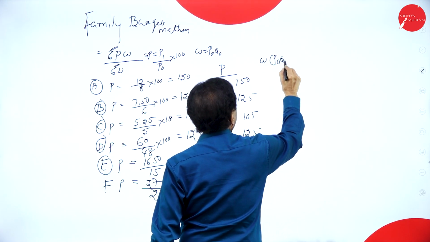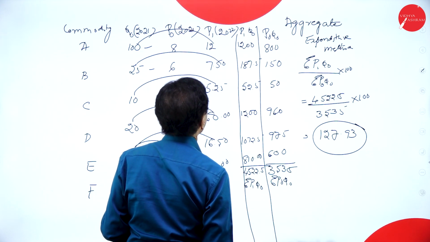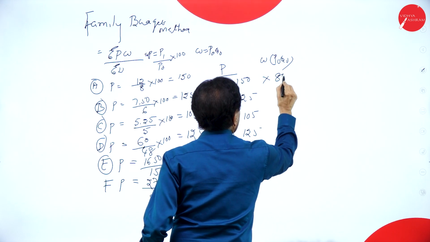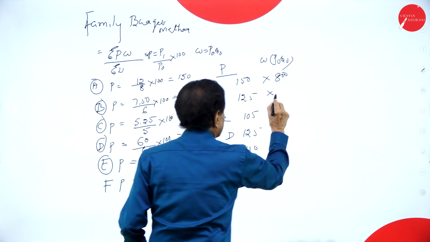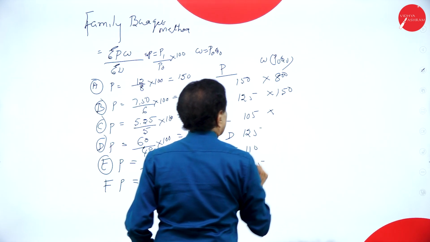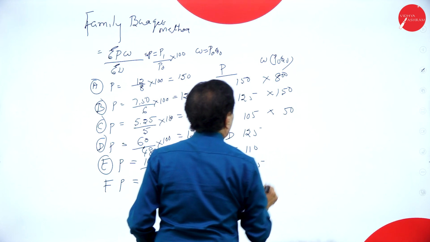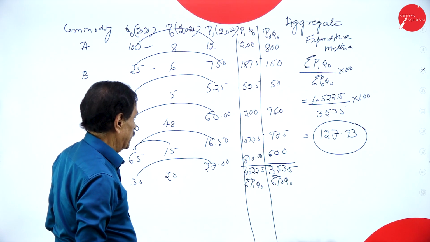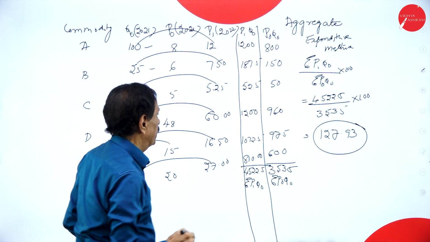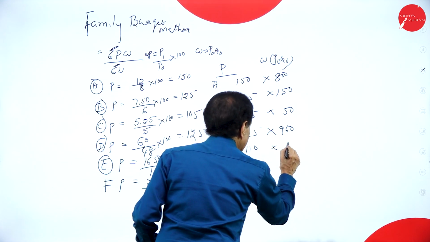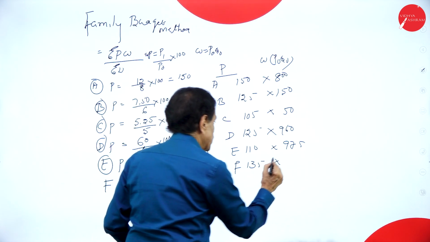W is P naught Q naught, already done. What is P naught Q naught? Come back here. 800, second one 150, third one 50, fourth one 960, fifth one 975, last one 600.